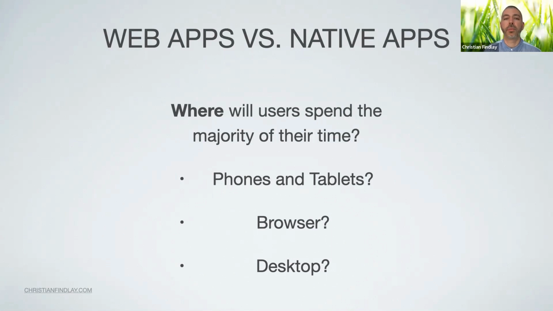You want to capture as much of the audience that you can. But it's a good idea to understand, are your users spending a lot of time using desktop apps, or will they be using phones and tablets? That's a really important distinction.